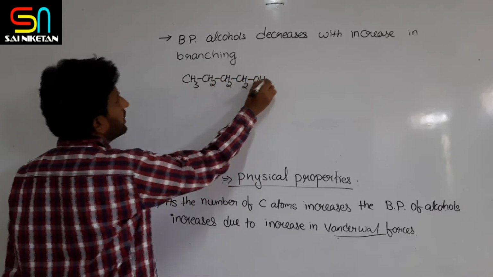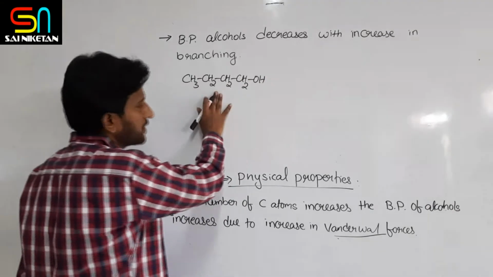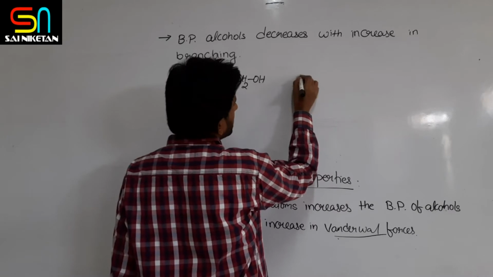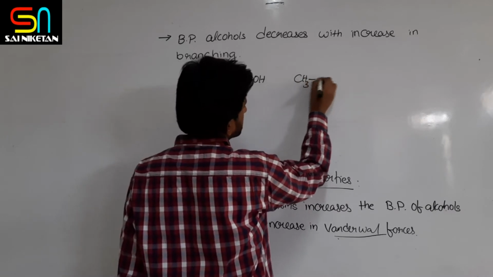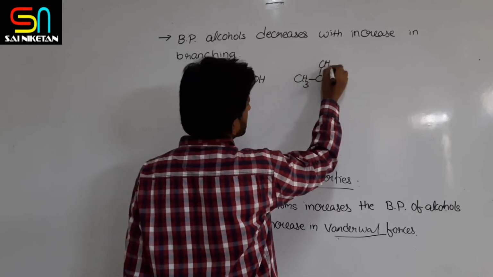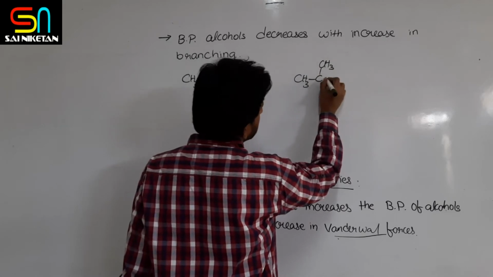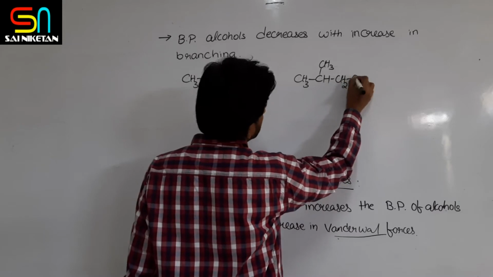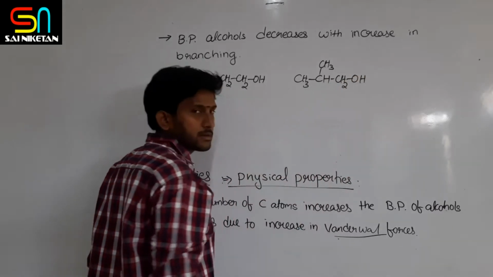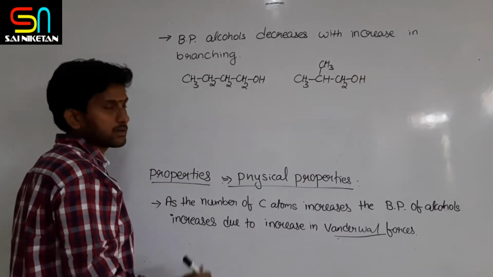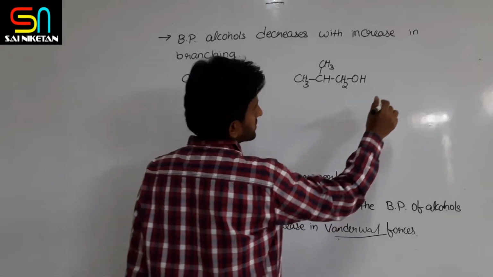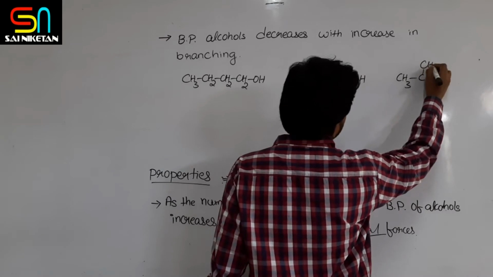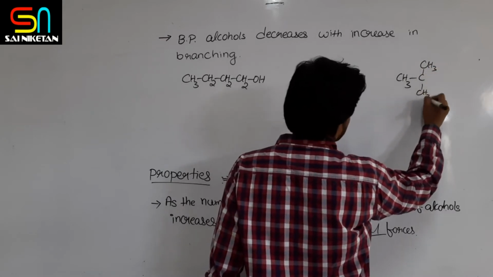Okay, this is n-butyl alcohol. Okay, let us take next one. This is what? Okay, secondary butyl, that's isobutyl alcohol. Let us take next one. Tertiary butyl alcohol. Okay, tertiary butyl alcohol.